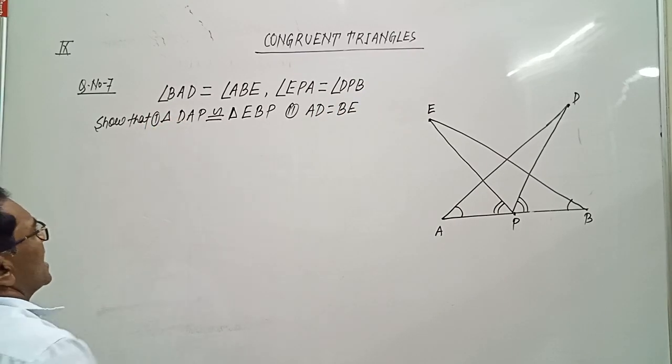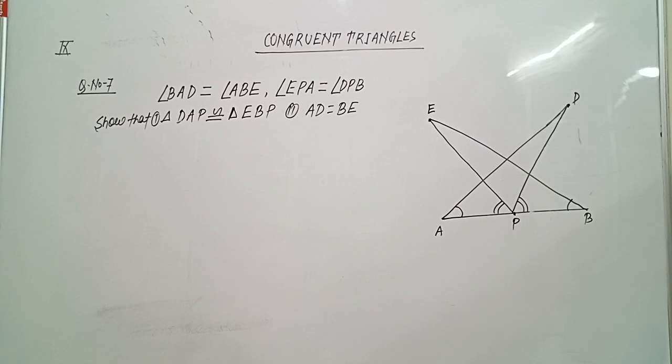Triangle DAP is congruent to triangle EBP, and the second part: AD equals BE. The first part is triangle DAP congruent to triangle EBP, and the second part is AD equals BE.